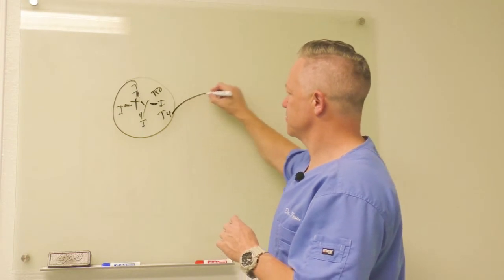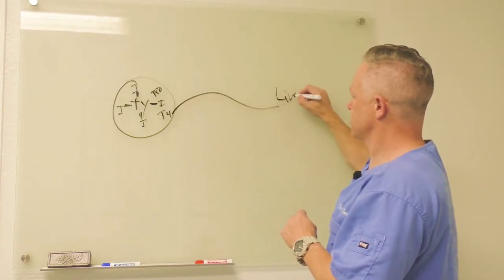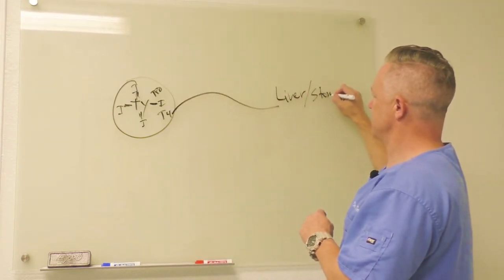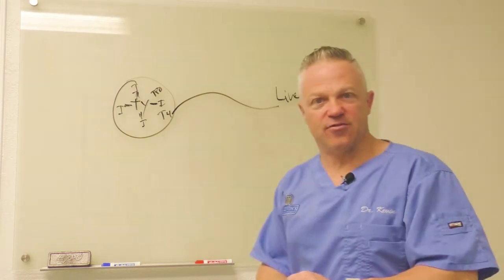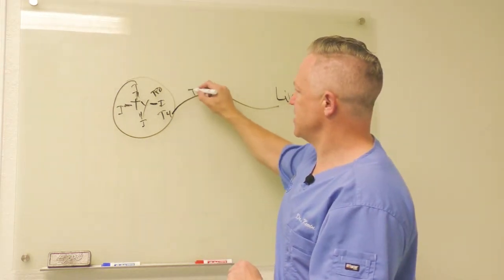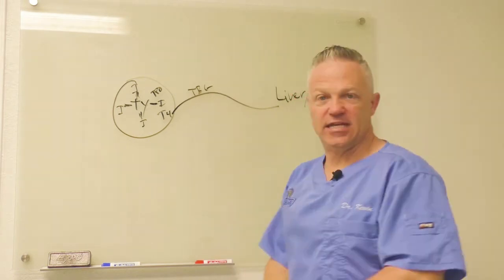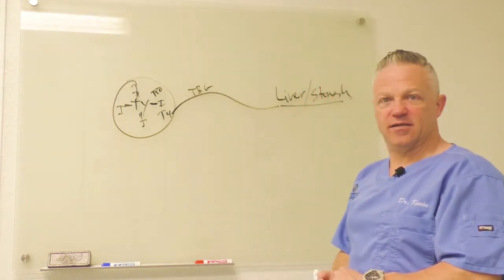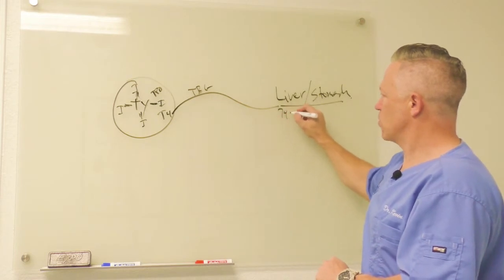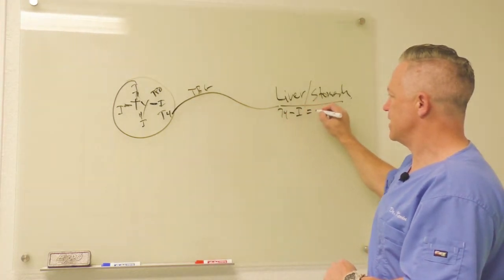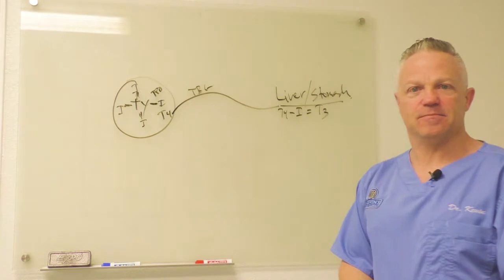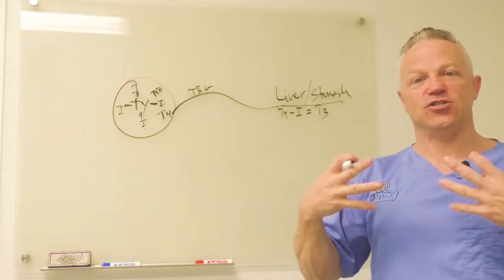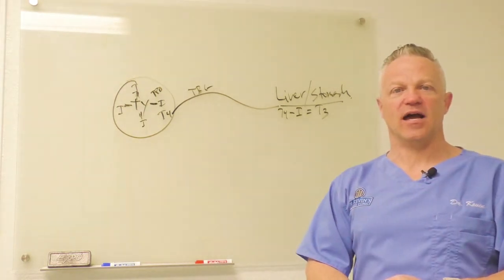Now, T4 is then shuttled to your liver and your stomach by another enzyme called TBG. And then in your liver and stomach, T4 removes 1 iodine to make T3. T3 is usable thyroid hormone for your body.